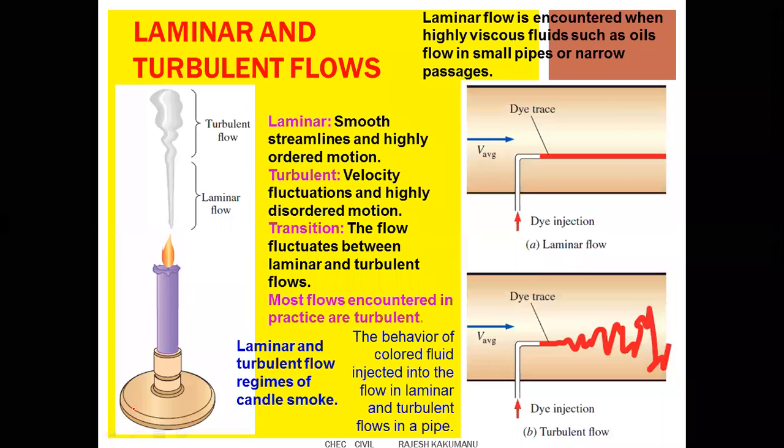Here you are having a candle, lighten the candle. Whenever the candle is lit, the fumes or the gas escapes from the wick, this fire. Whenever these gases are escaping into the atmosphere, see the movement of the gas, how it is flowing.